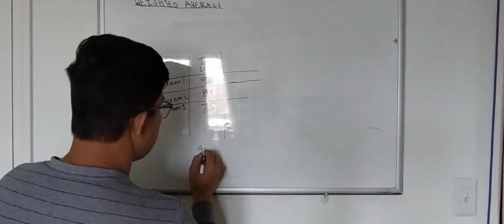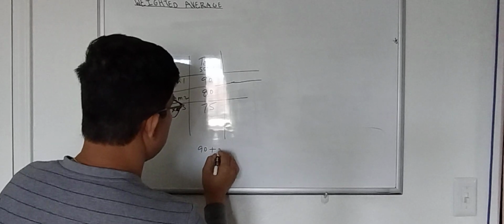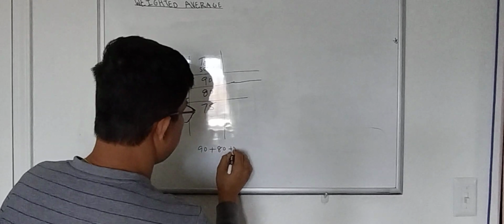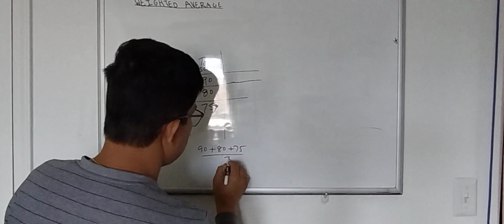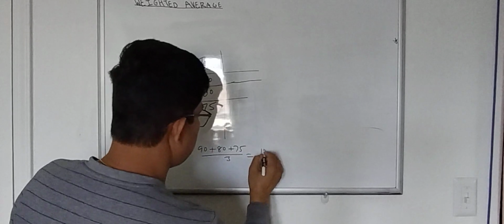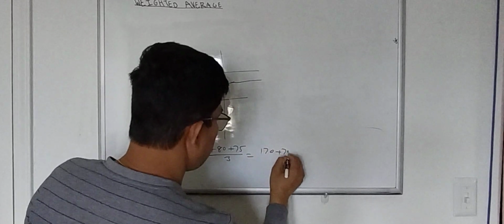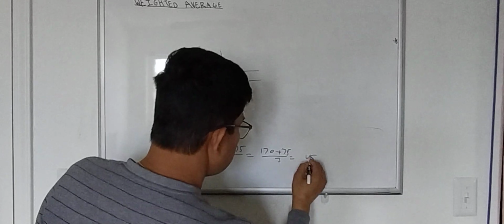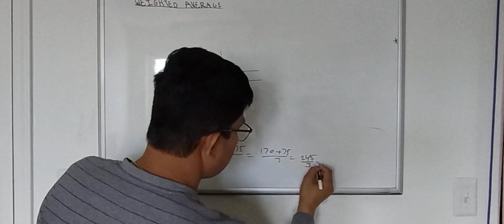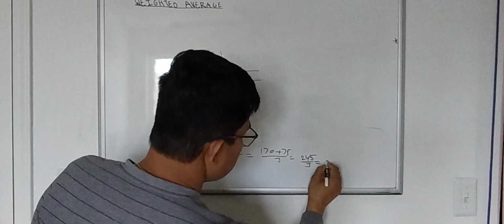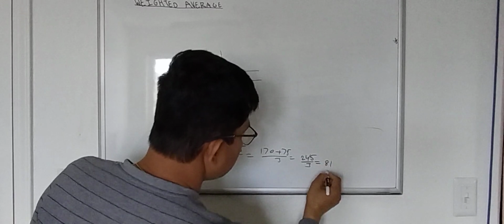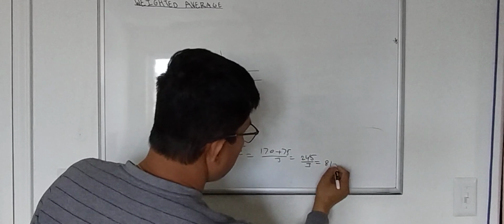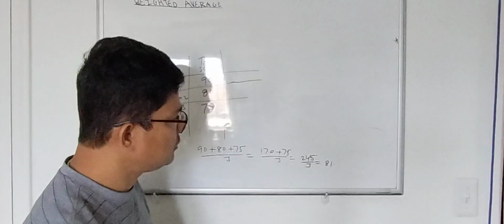You will do 90 plus 80 plus 75 divided by 3, which is 170 plus 75, so 245 divided by 3, which is 81 point something. Okay?